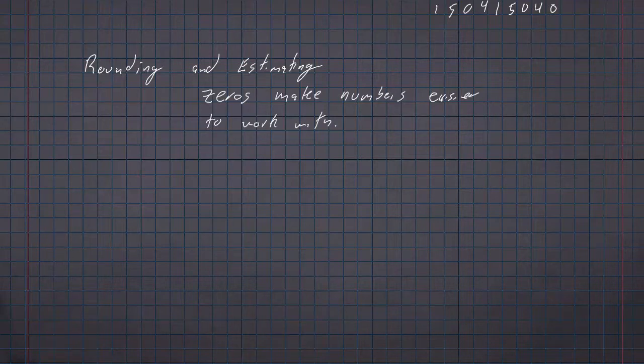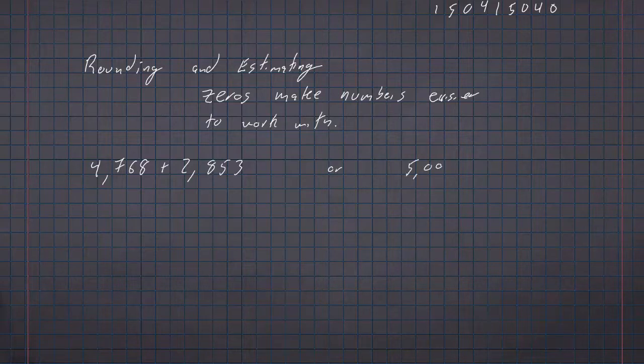Right? Would it be easier to add 4,768 plus 2,853, or would it be easier to add 5,000 plus 3,000?